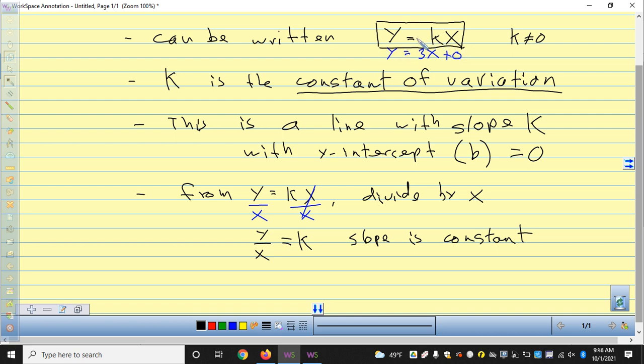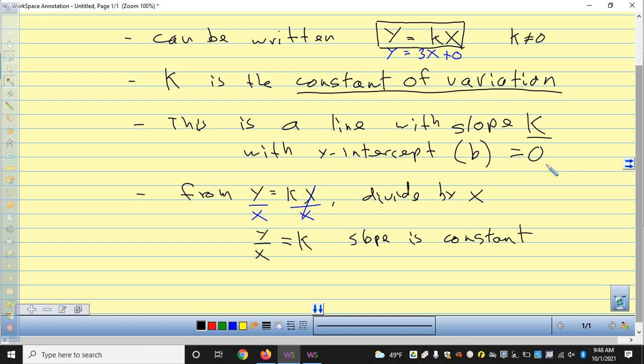And this is a line with slope k and a y-intercept of 0. So with direct variation, don't overthink this. Don't make it more complicated than it is, because it's not really complicated.